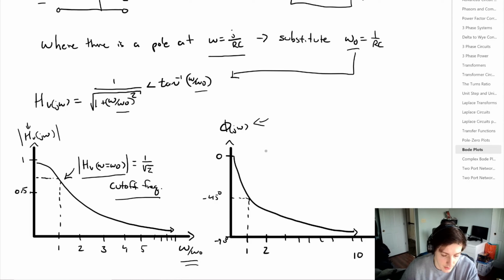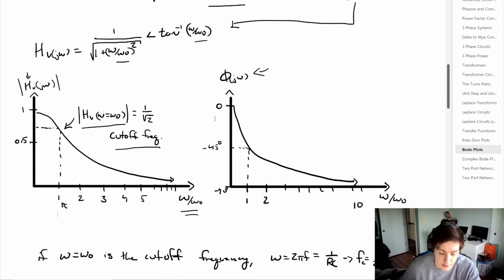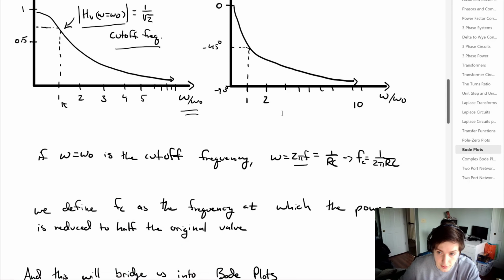We can see that this happens in this case when omega equals omega naught, so that's where we define our cutoff frequency. If when omega equals omega naught we have a cutoff frequency, we simply say that omega, which is equal to 2 pi f, is equal to 1 divided by RC, or that the cutoff frequency is 1 divided by 2 pi times RC.